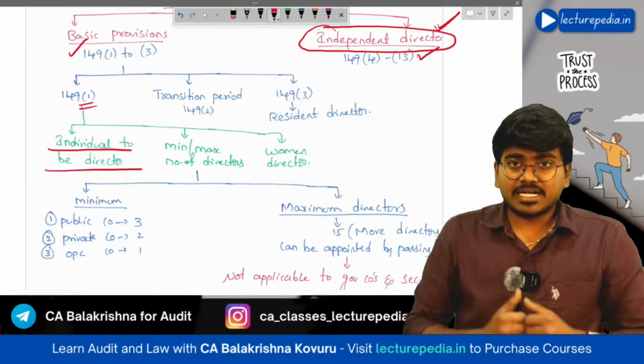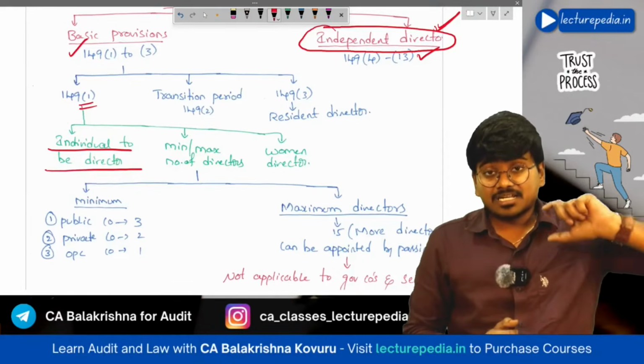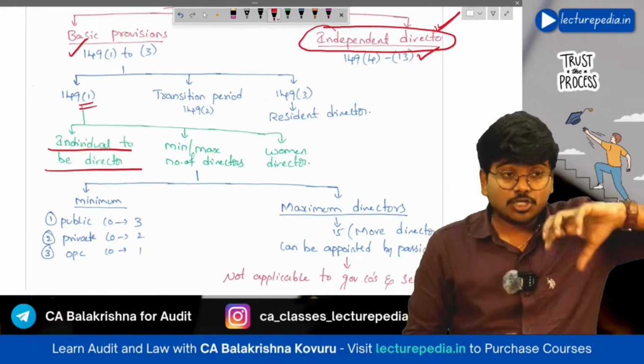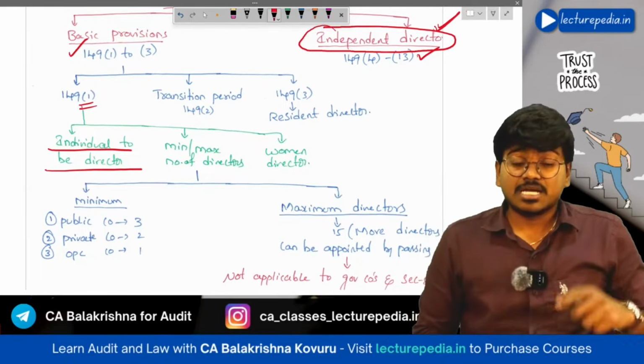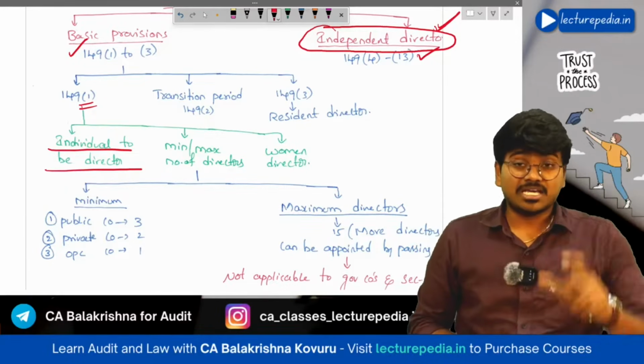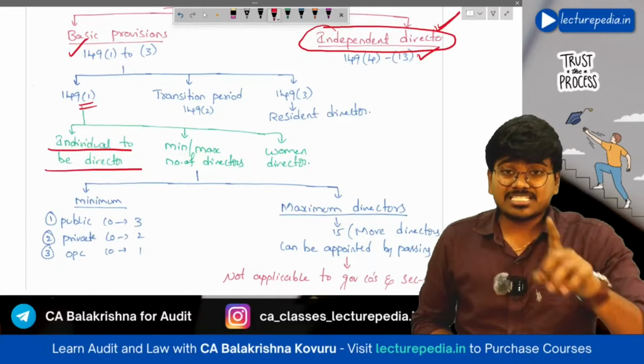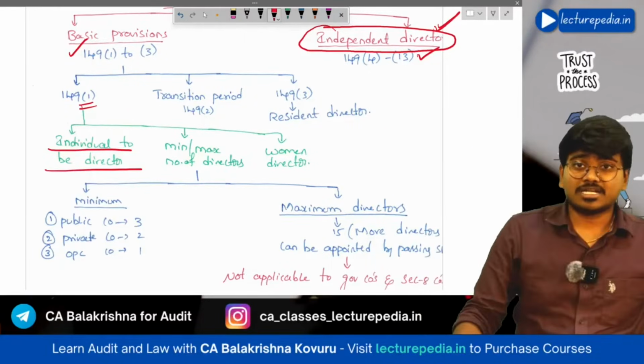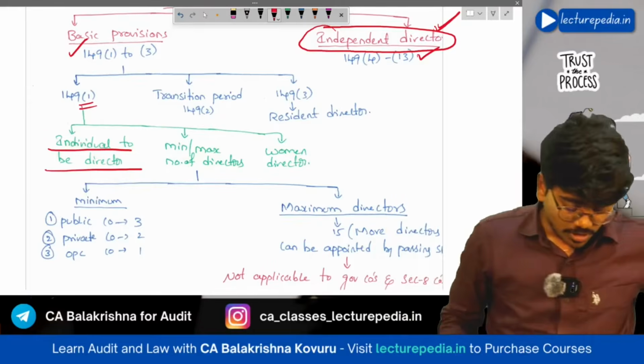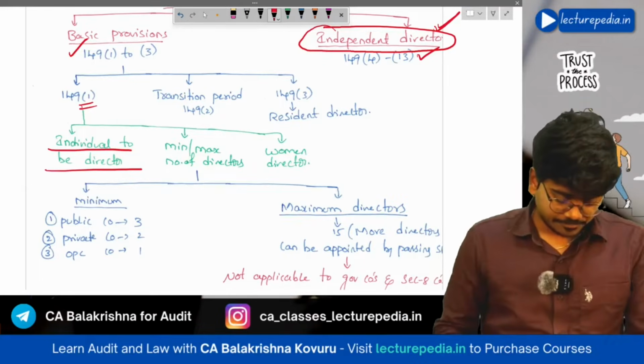Only an individual can take the decision. Since a director is appointed to take various business decisions, a director must be an individual. This point is stated in section 149 subsection 1. Hope you understood why a director must be an individual.